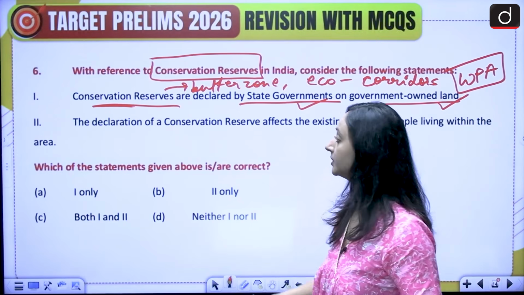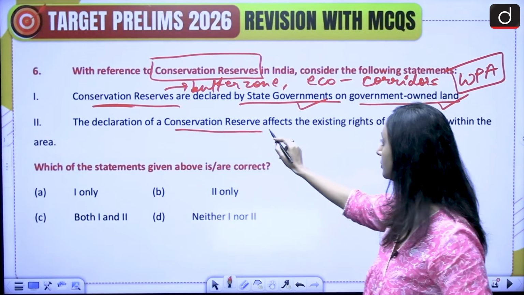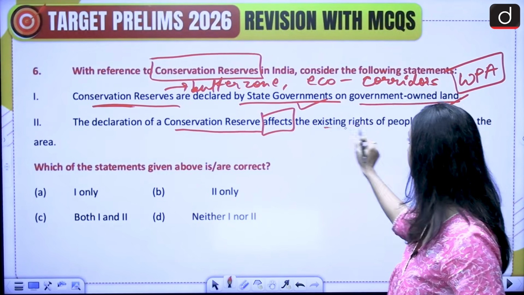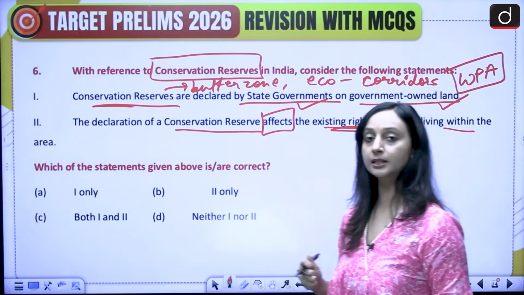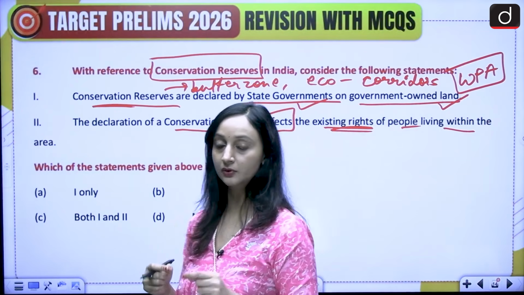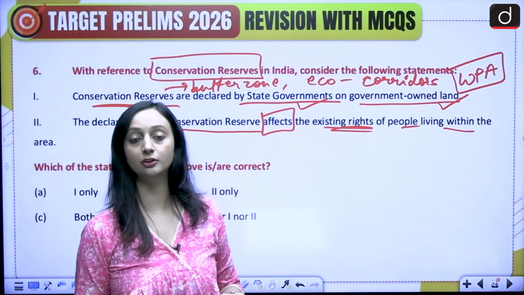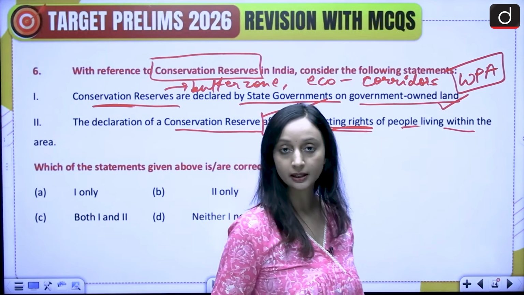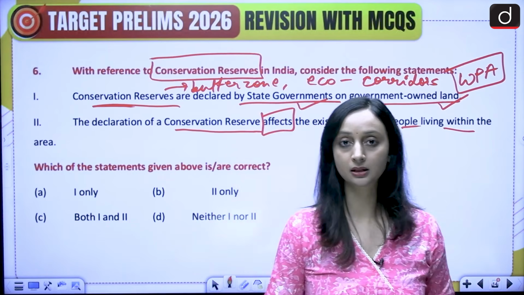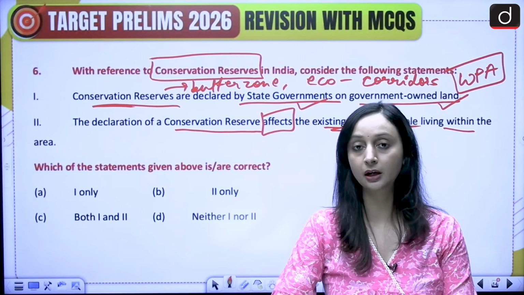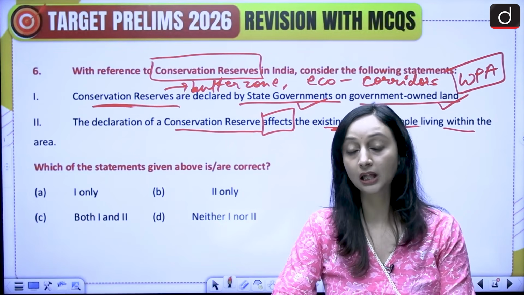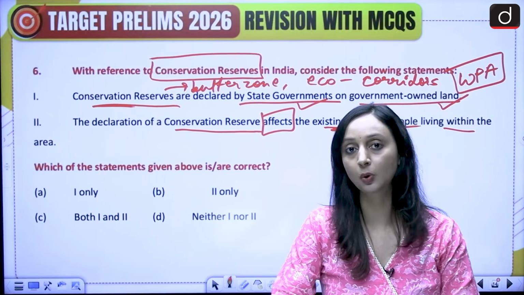Now the second statement says that the declaration of a conservation reserve affects the existing rights of people living within the area. You need to understand that the goal of a conservation reserve is actually to balance the rights of the people who are living in that area and also the conservation of the entire region. So it carries out conservation and protection of the region without affecting the rights of the people who are living there.